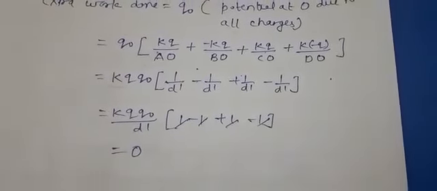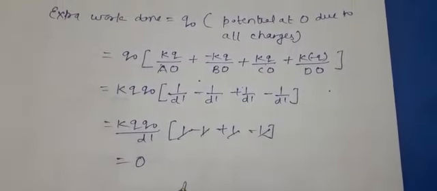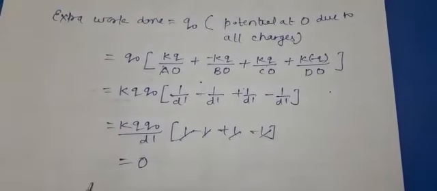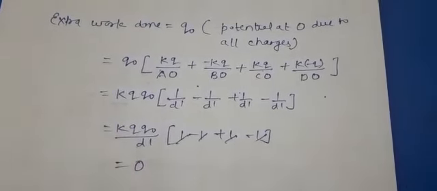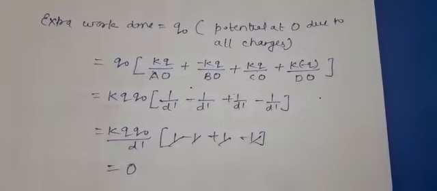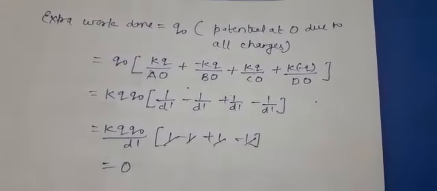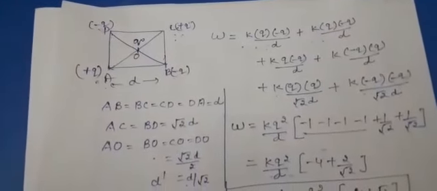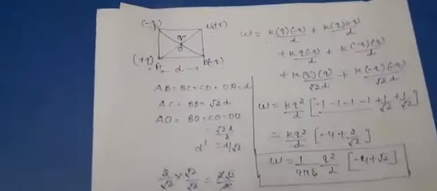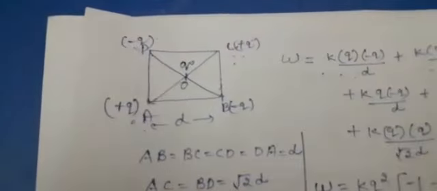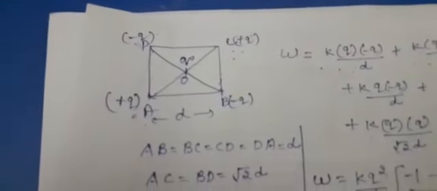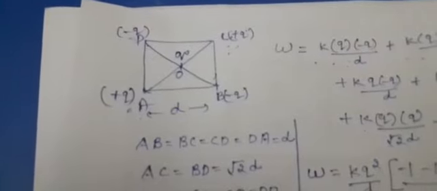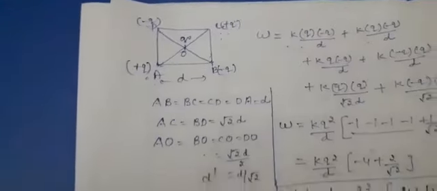So no extra work is done in putting the charge at this point, keeping the other charges fixed at their positions. See, the numerical is a simple one. Basically, first of all we have to calculate the total work done, and then, as the charge Q naught is brought in with the other charges fixed, we find the extra work done.